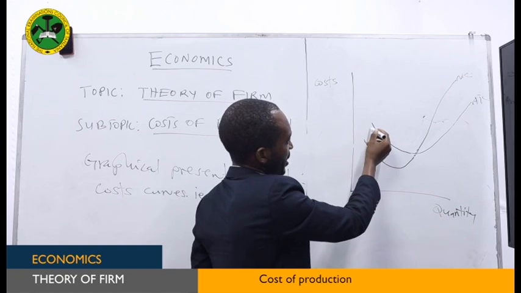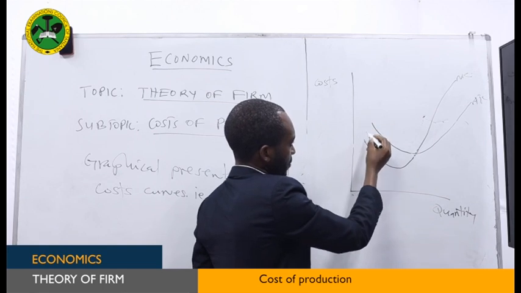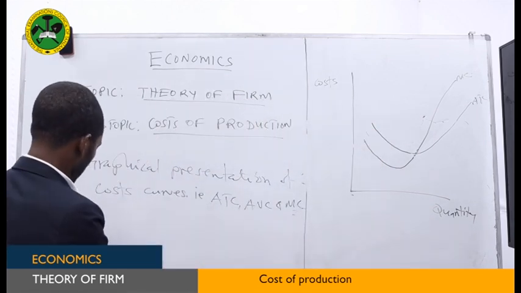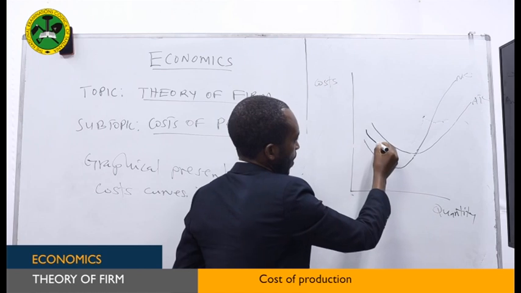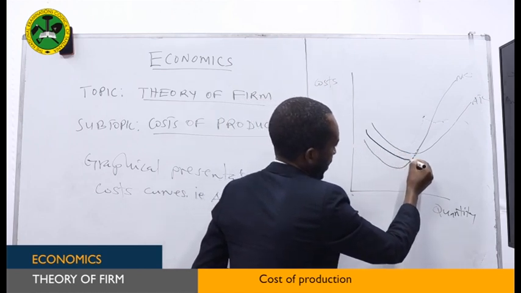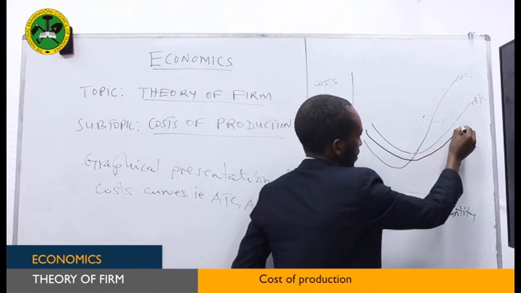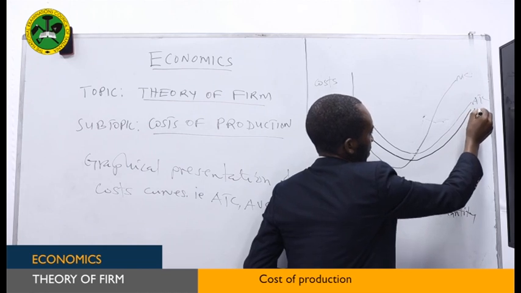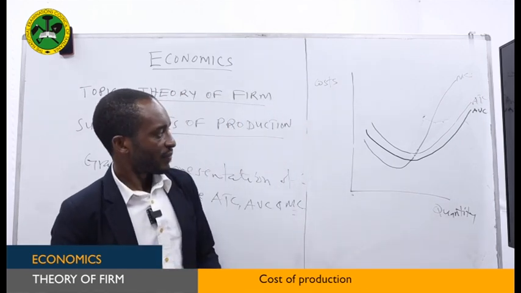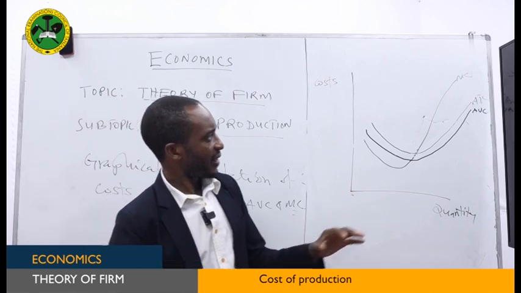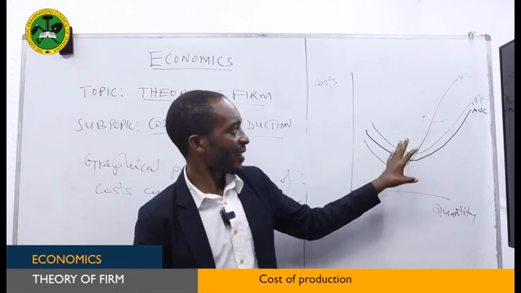Then it will meet the marginal cost, then also start to rise. So this will be the average variable cost.